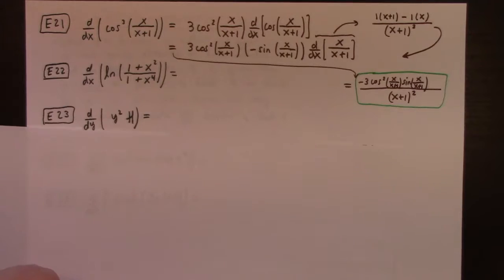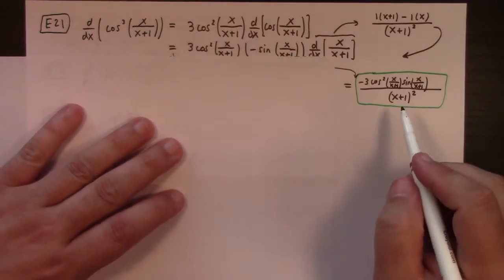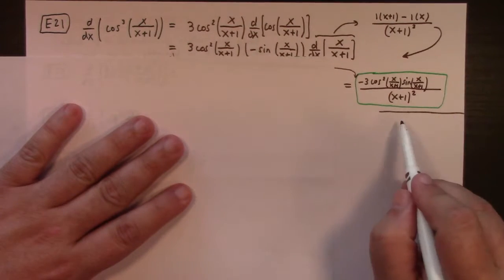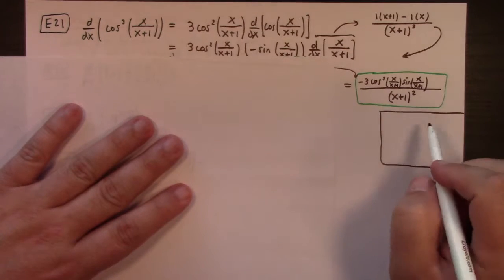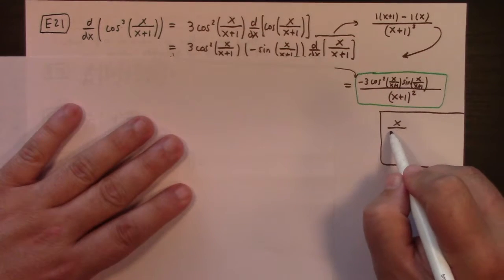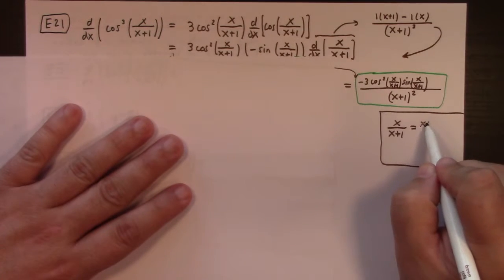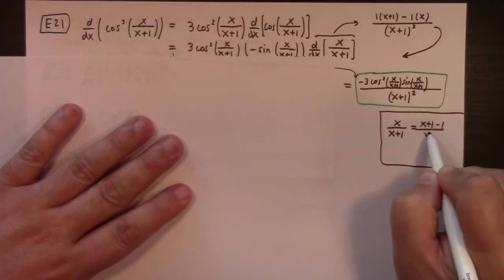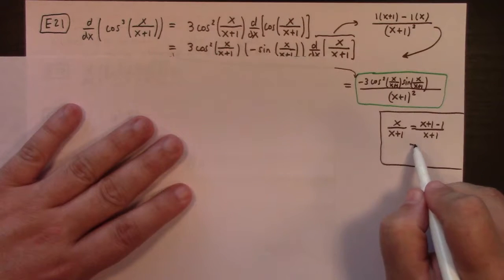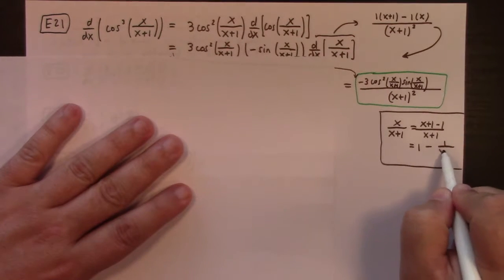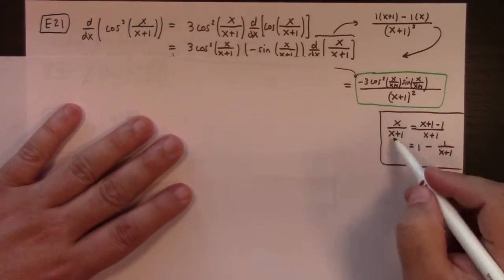By the way, before I get to the next one, just a little sidebar here. It's kind of cool what just happened. x over x plus 1, right, is equal to x plus 1 minus 1 over x plus 1, just adding 0, which is 1 minus 1 over x plus 1, right? So of course the derivative of this is what?